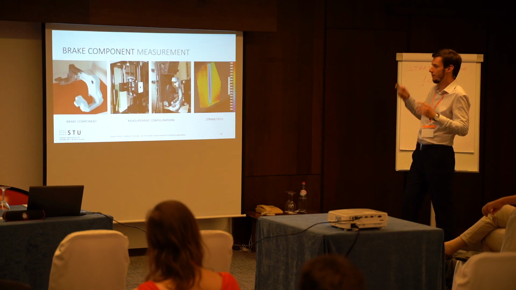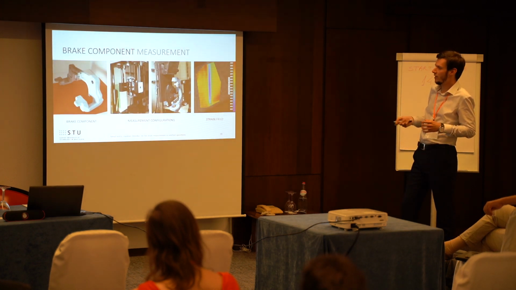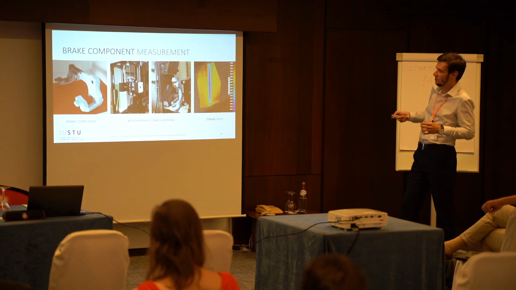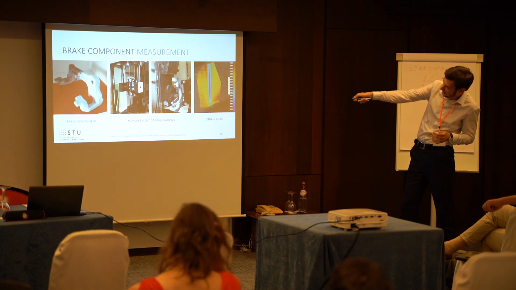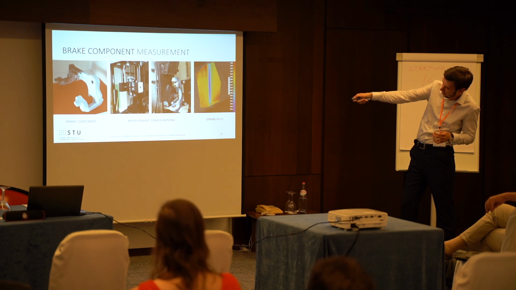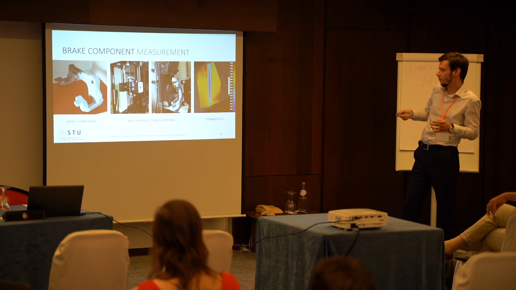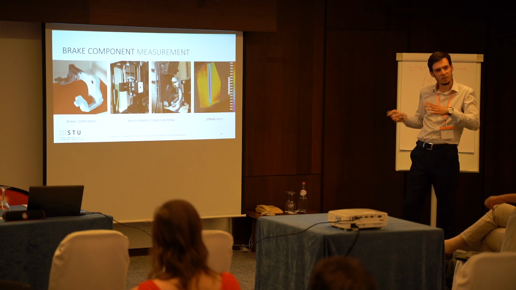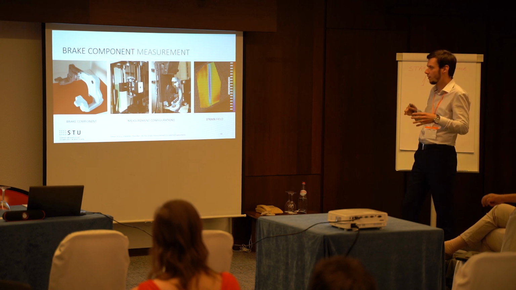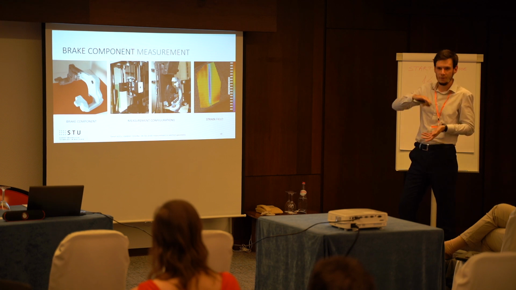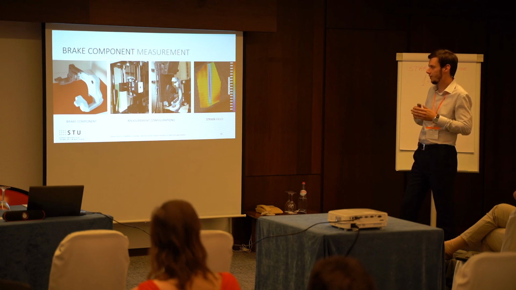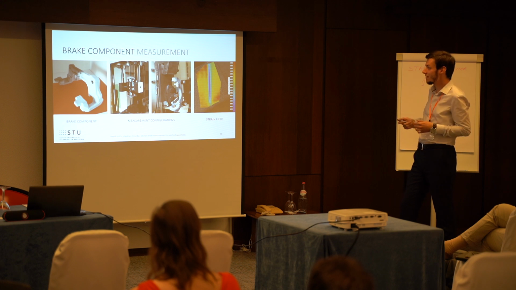With this data, we came to the real measurements, for example, of this brake component. It was measured in this small notch right here. This is one of the results. It was measured for two different measurement configurations. We've done multiple measurements with different angles and different distances from the specimen.